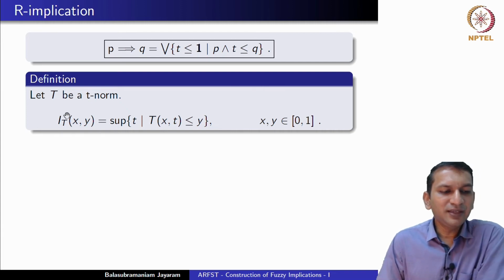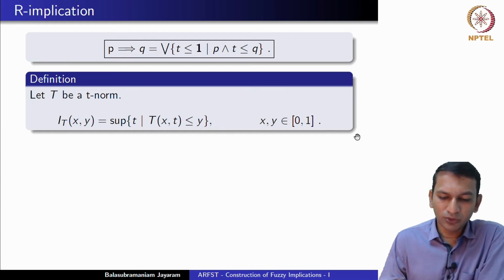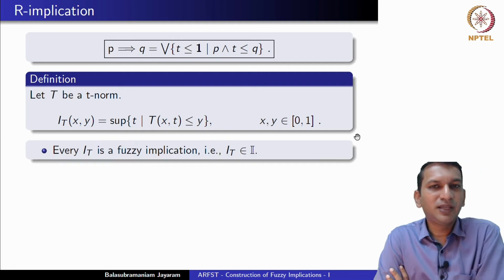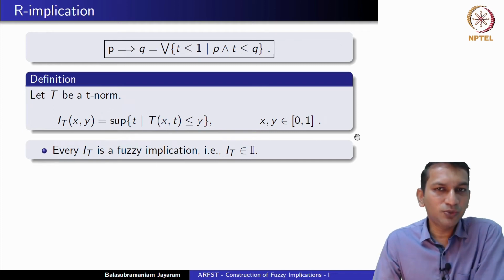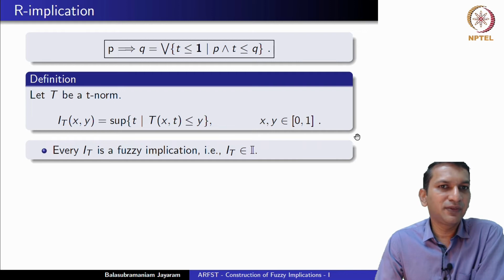So if you define a function I_T like this, what can be shown? It can be shown that it is always a fuzzy implication. That is, it is decreasing in the first variable, increasing in the second variable, and satisfies all the boundary conditions.